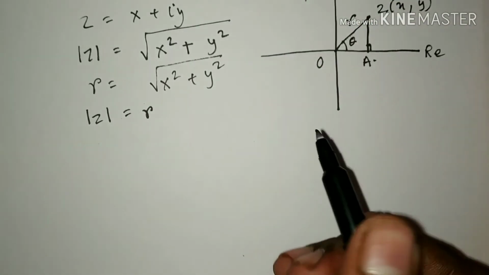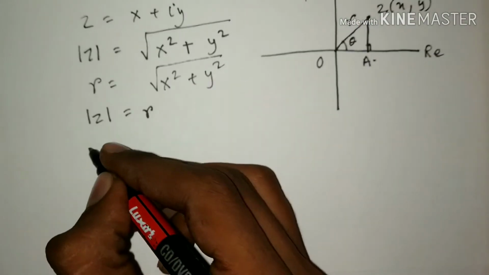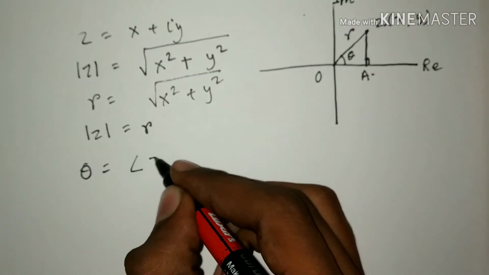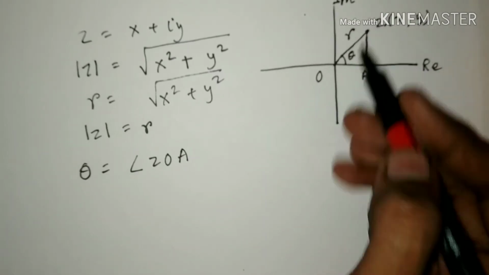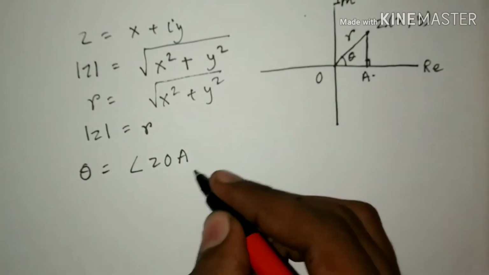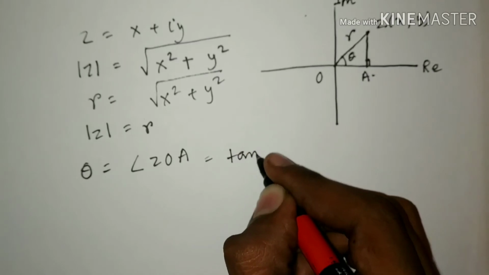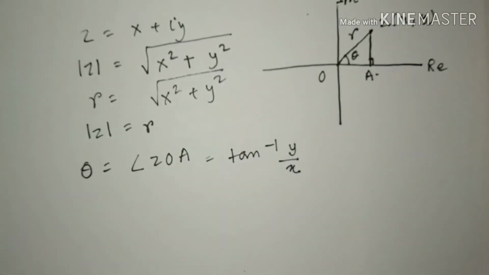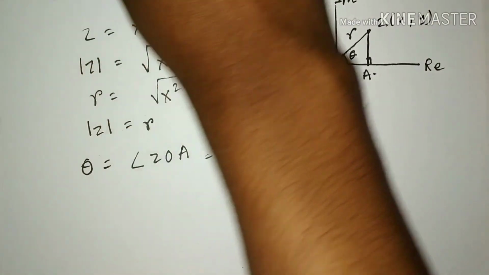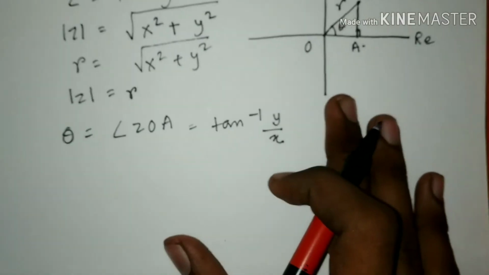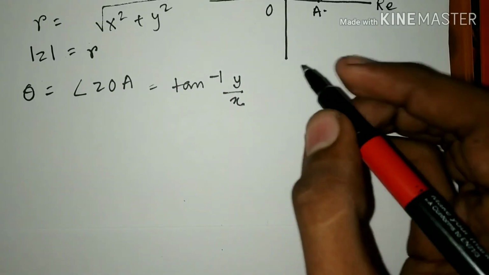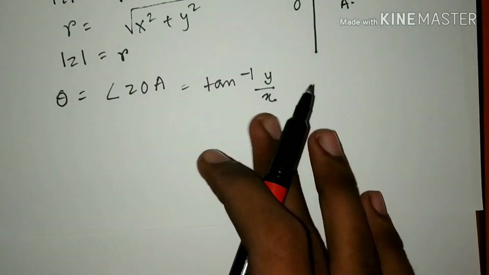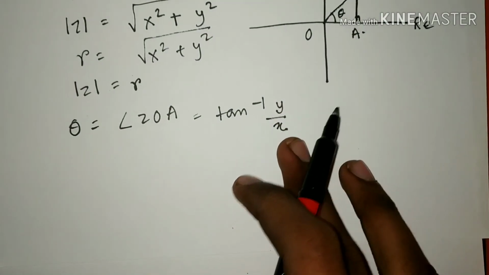Now what is this amplitude? Well, as I said, this theta, the angle that it makes, in this case ZOA, or AOZ, anything, is the inverse tangent of the y coordinate divided by the x coordinate, so the y component by the x component.